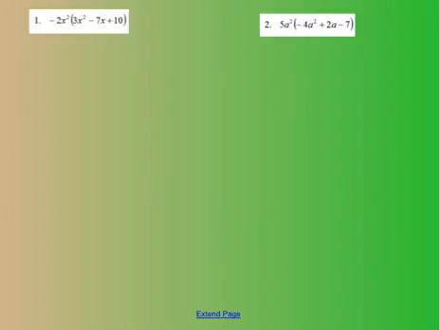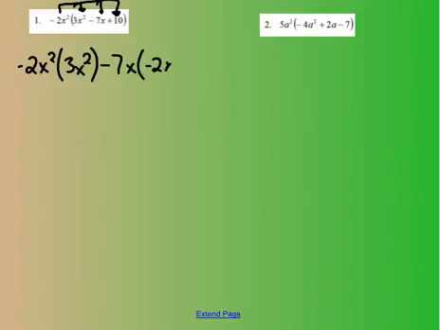So we need to multiply negative 2x squared to all of these. To practice, negative 2 times 3 is negative 6. x squared times x squared would be 2 plus 2 is 4. Negative 2 times a negative 7. You know what? I'm going to do it this way. Negative 2x squared times 3x squared, minus 7x times negative 2x squared, plus 10 times negative 2x squared.